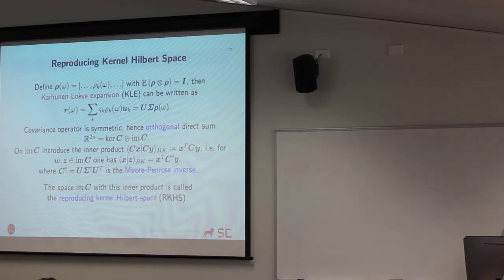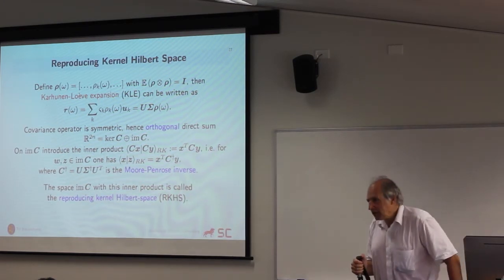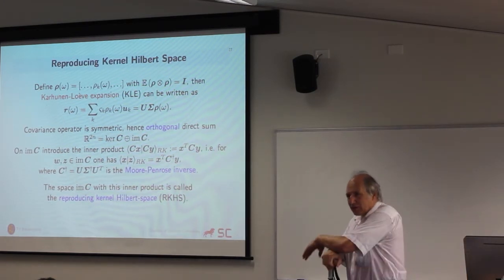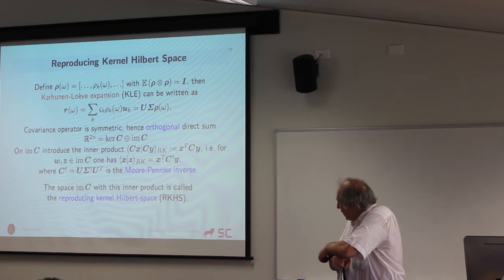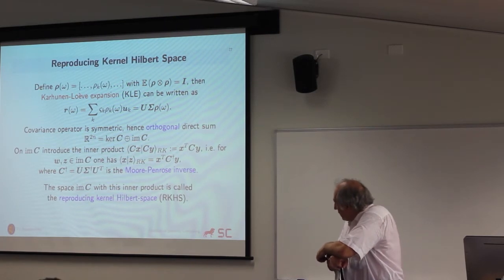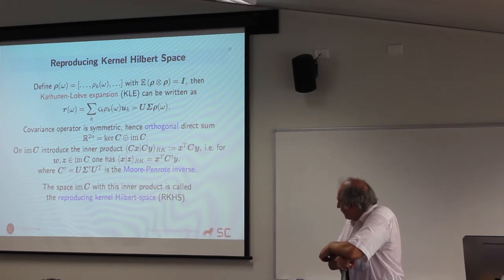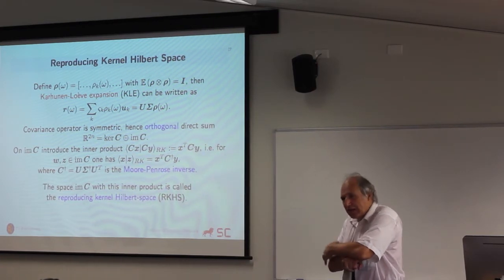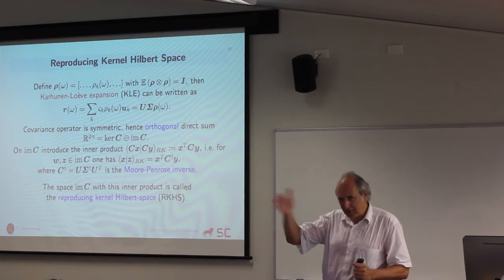Okay, something which is very strongly connected with this. So this is something which really has more to do with classification. It's something called the reproducing kernel Hilbert space. Okay, and this is actually something used for classification, whether something, an event, is in this set or this set.